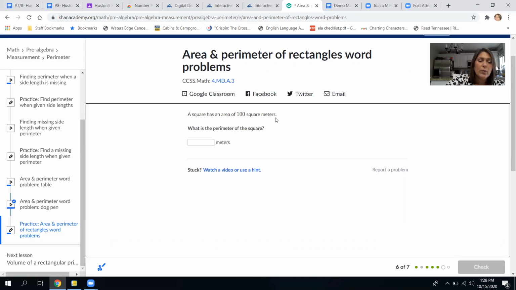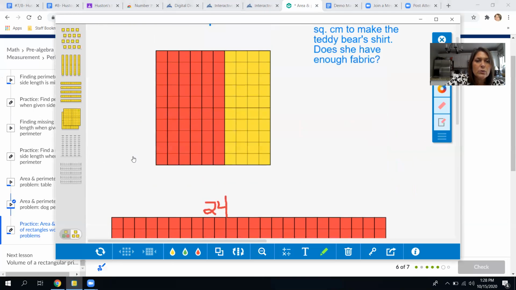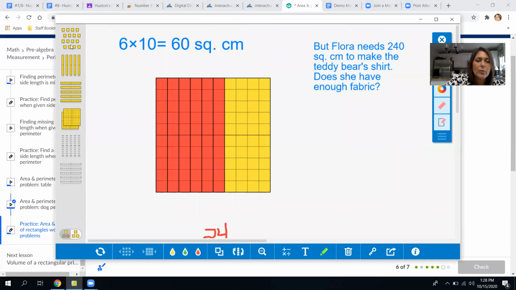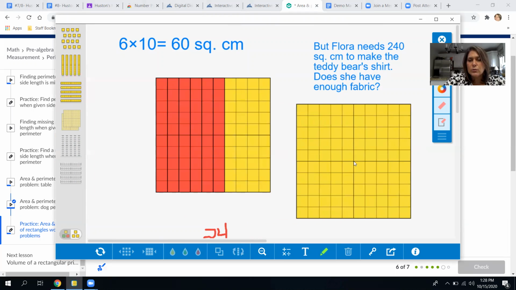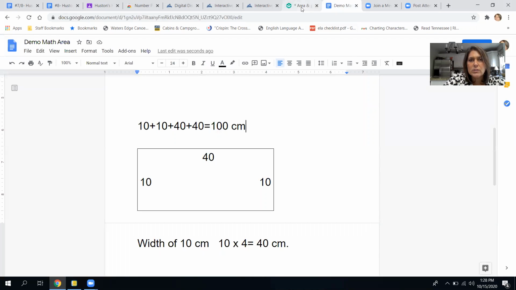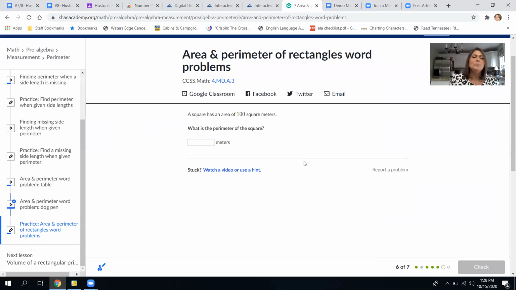If you get a problem like this, this is a perfect opportunity to possibly use this number app that Bridges has. It's really simple to use. You can just drag these different things out and use the base 10 mats, the base 10 strips, and the base 10 blocks as well. So that might be something that you want to try with this one. I'll give you a minute to think about it.